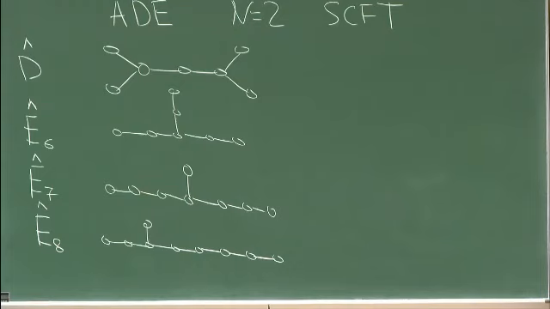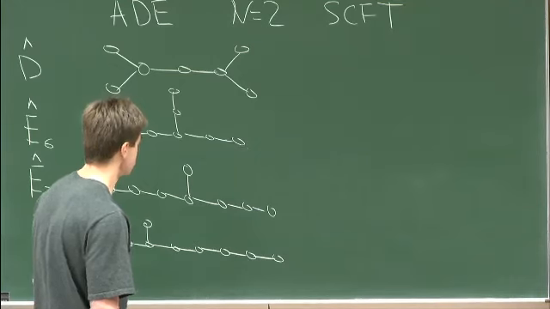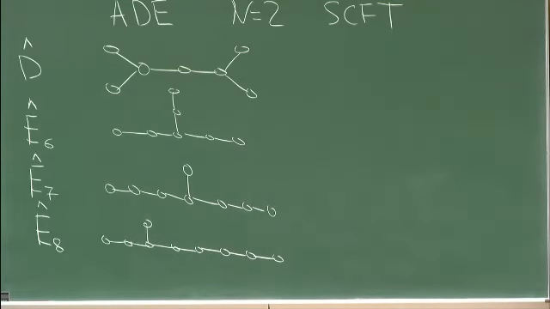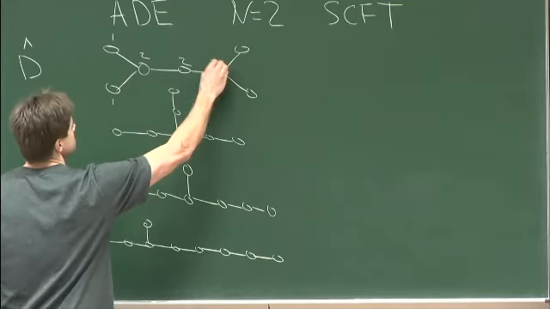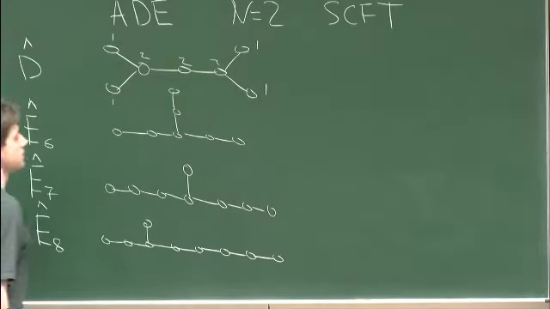And the nodes in those quiver diagrams are labeled by Dynkin numbers, which just count the integers in the decomposition of the special delta vector in the Lie algebra. And let me put those numbers here. So it would be 1, 1, 2, 2, 2, 1, 1 for the D series.